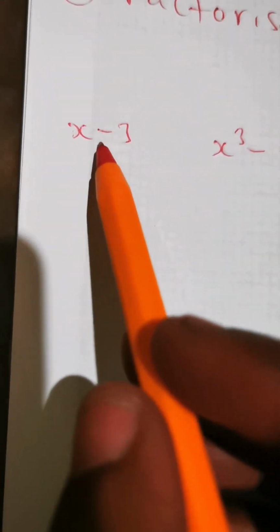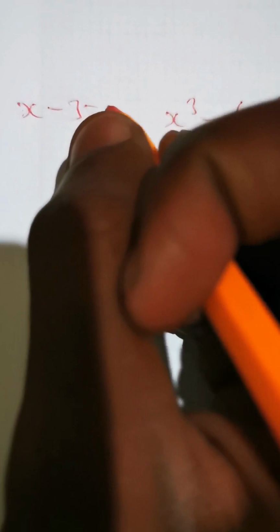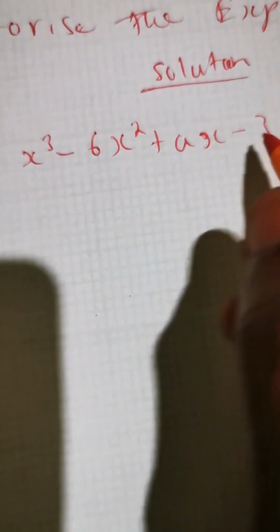Then you make x the subject of the formula by introducing 0. Then x is equal to 3, because when the 3 moves to this side, it becomes positive. So where there is x in this, you put 3.